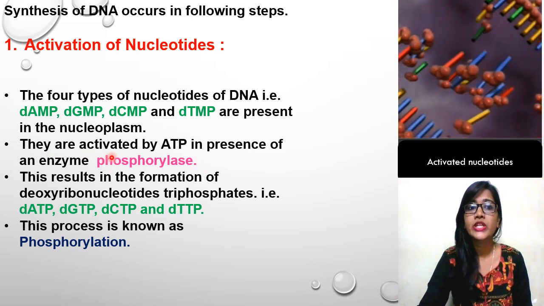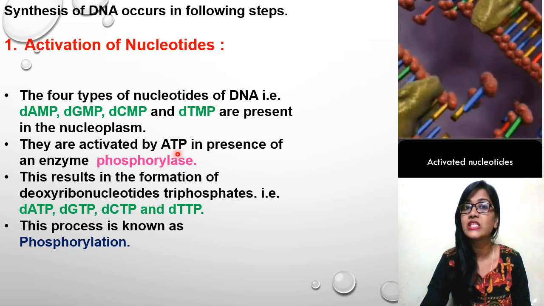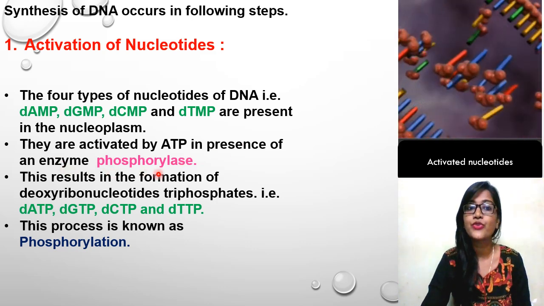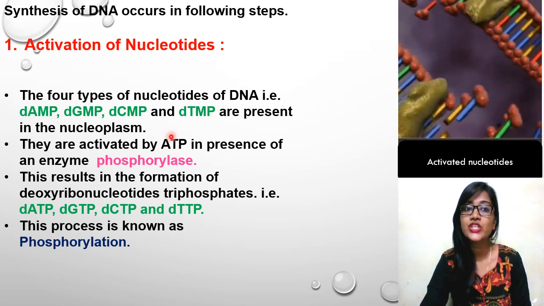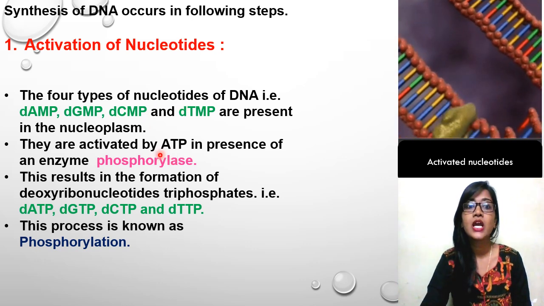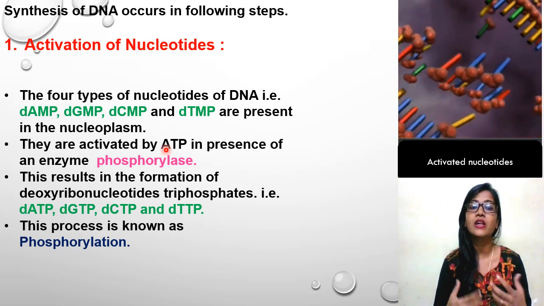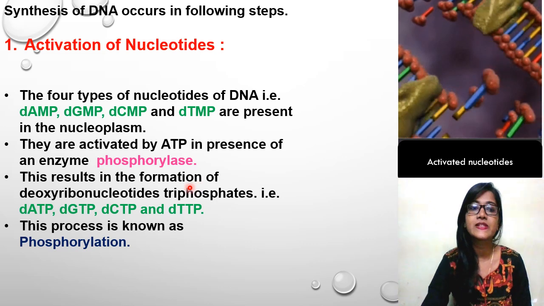Now these nucleotides are getting activated by the ATP. ATP is the energy, in the presence of the enzyme phosphorylase. See what is changing the nucleotides: these are the ATP molecules, the energy molecules, and phosphorylase is the enzyme.